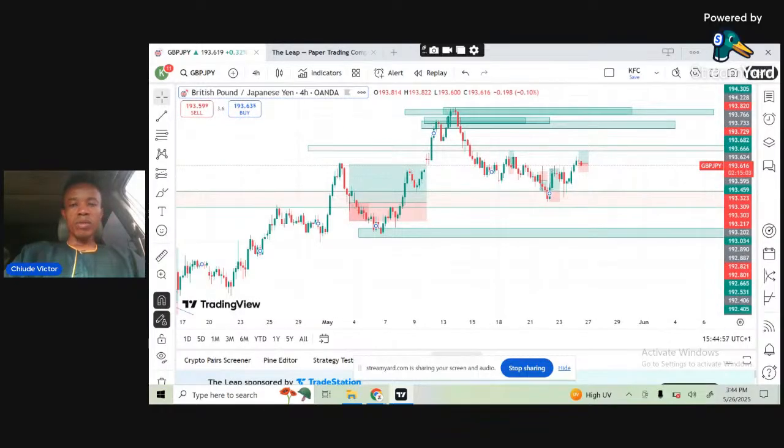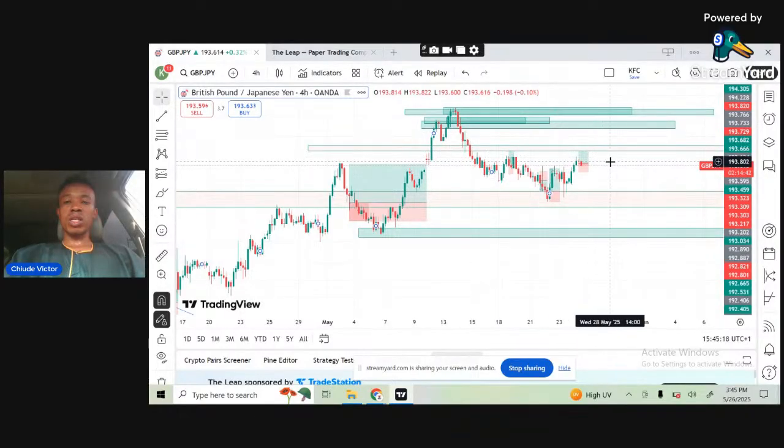But there is a fair value gap that I have mapped out from the 4 hour time frame, which I believe you can see right now. This is the fair value gap. If I'm buying or selling or whatever I'm doing with GJ, I'm very particular and interested in what price will do when it gets there.